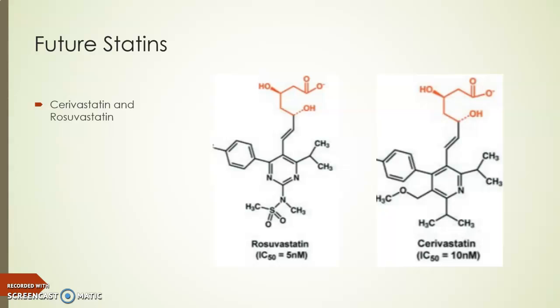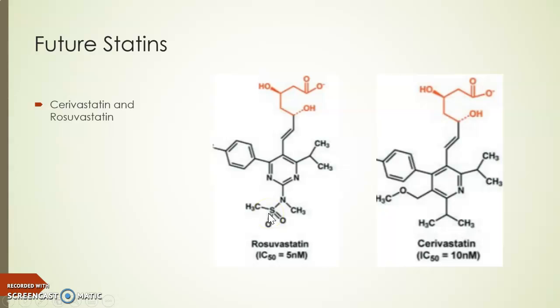But we have rosuvastatin here. And rosuvastatin actually was an improvement on atorvastatin. So like atorvastatin, rosuvastatin has an additional binding site that none of the other statins has. But instead of the carbonyl group that's binding, it's the sulfone oxygen atoms here, and they bind with the serine residue.